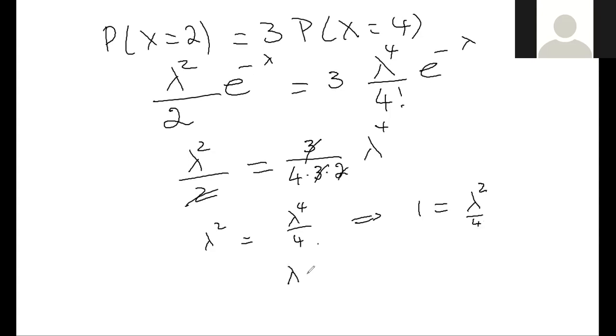So what is lambda? Lambda should be 2. We can't take minus because we always assume that lambda is positive.